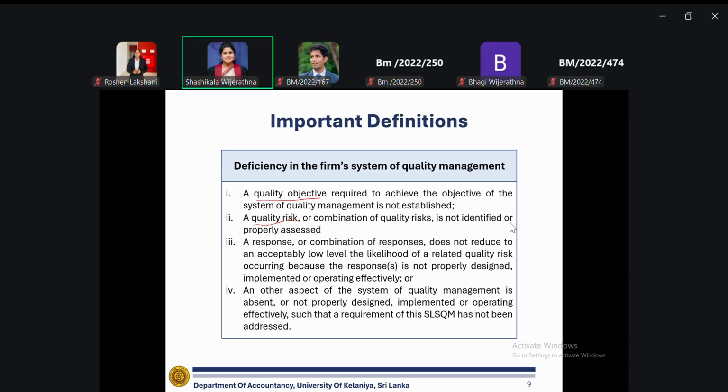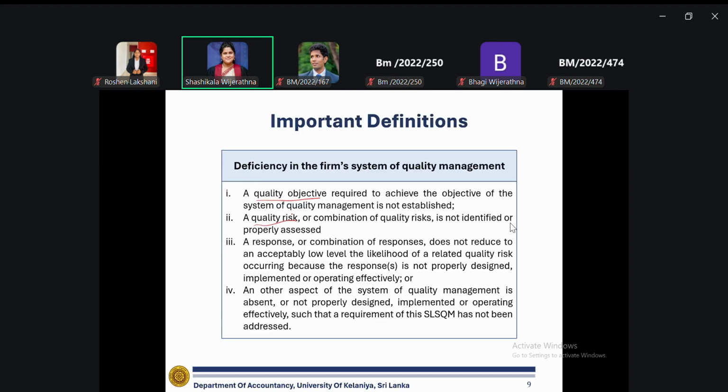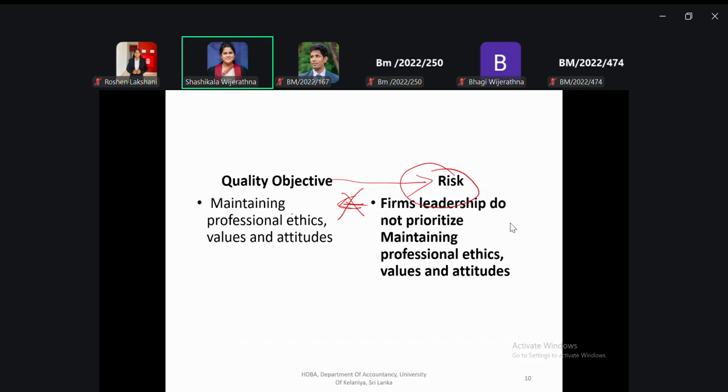Okay, we identified a risk that the firm's leadership do not prioritize maintaining professional ethics. So then what should be our response? What can be the response for this particular risk?